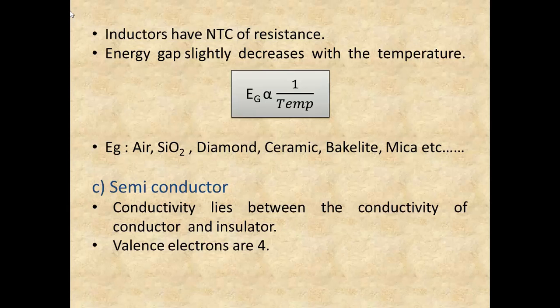Next, energy gap slightly decreases with the temperature. If you remember, I have mentioned this statement with the description in my lesson number 1, so refer to that for why energy gap slightly decreases with the temperature. I mean, when you increase the temperature, the gap is going to reduce. Let me show you.